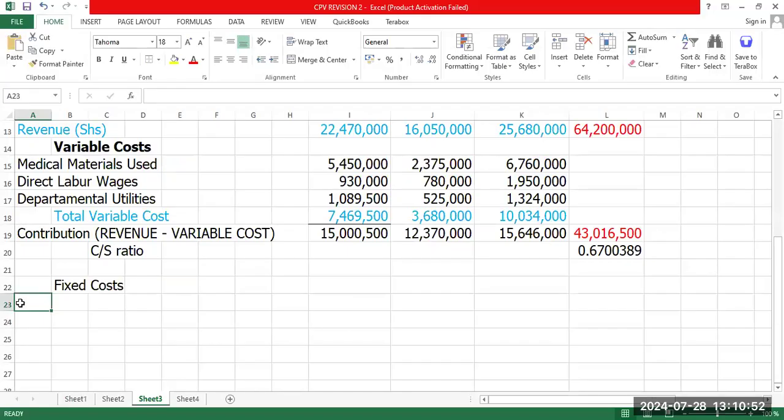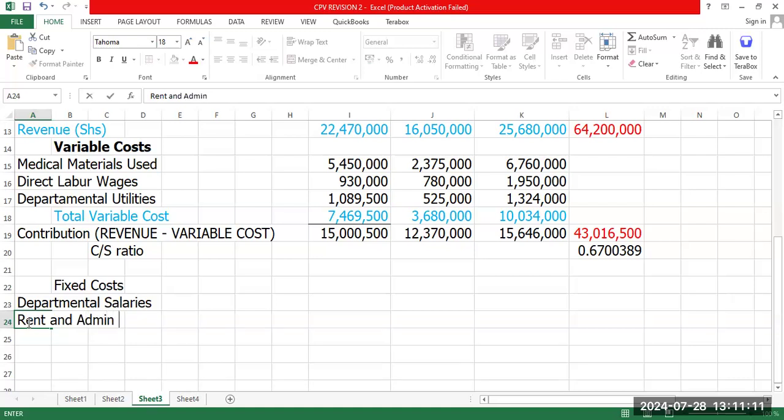So here it is, you have departmental salaries. Then you need also to put here rent and administration utilities. These are different from departmental utilities.